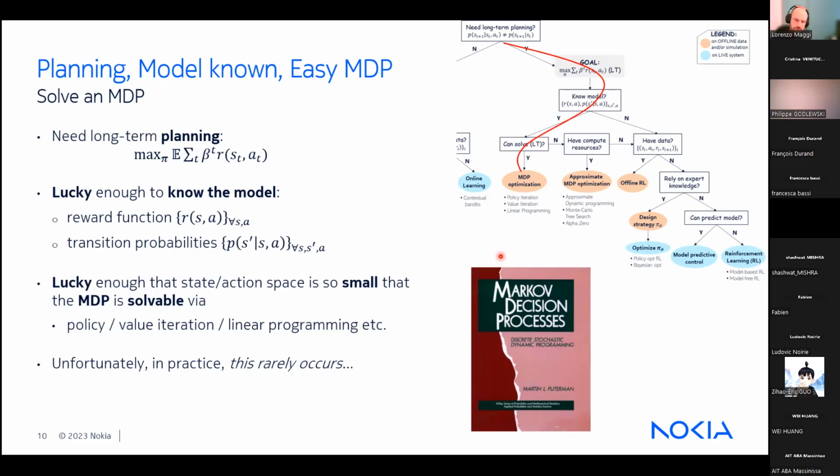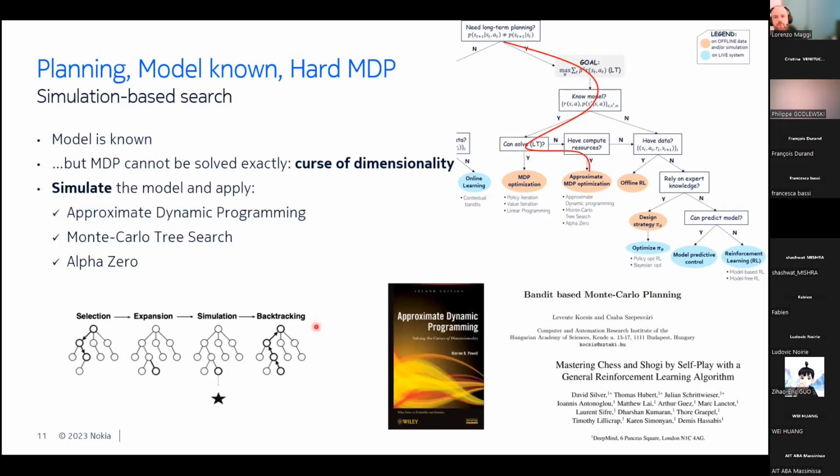So the curse of dimensionality in the state, when the state grows usually exponentially, you're not anymore able to solve the MDP through classic and exact methods. So what you could do if you know the model but you cannot solve it, well, you can simulate it. Since you know it, you can simulate it and then apply what I call simulation-based search.